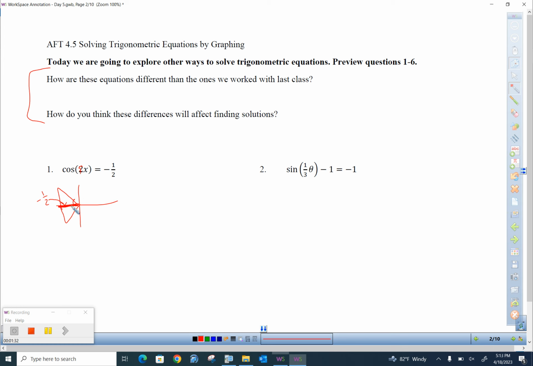And if the 1/2 is there, that's a 60-degree angle here. What's different is what we just did is we really did the inverse cosine. And remember, with your inverse cosine, your calculator gives you one answer, and it's going to give you that one in quadrant 2 because the restriction is from 0 to pi. So it gives us one of them, but we really have to talk about 2 of them.